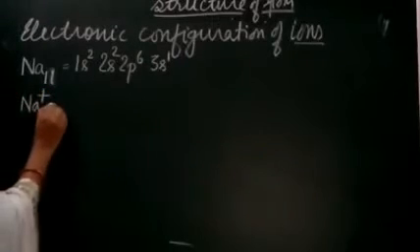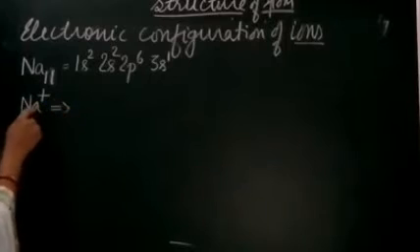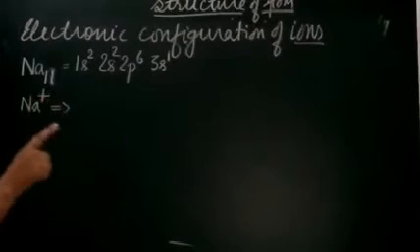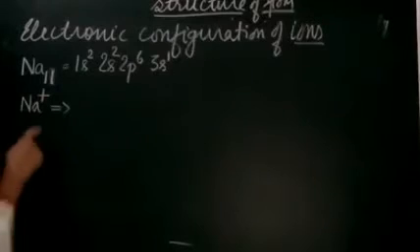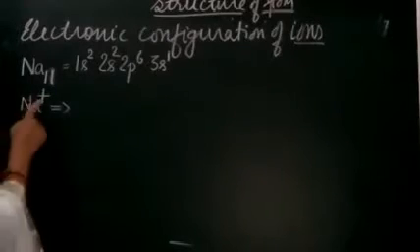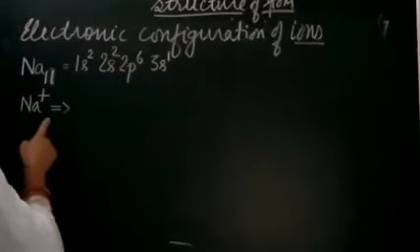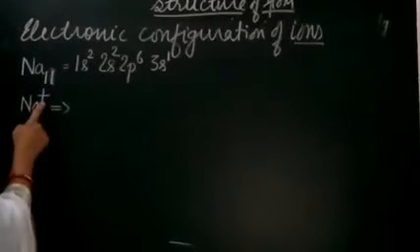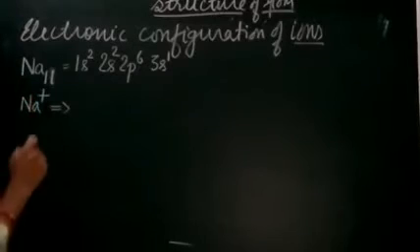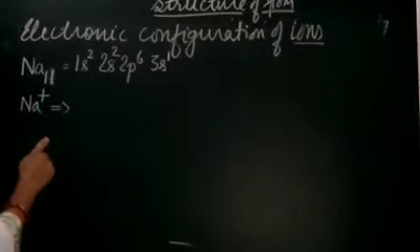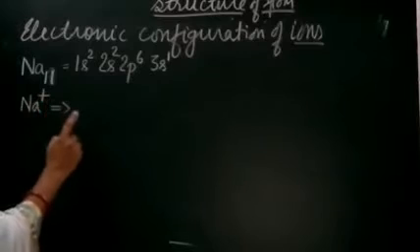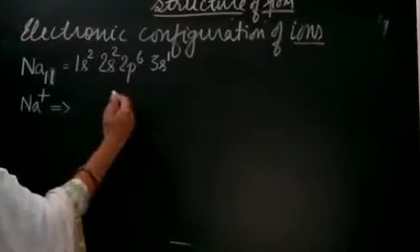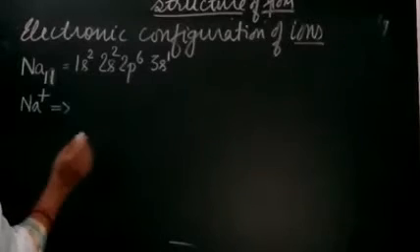Now if we have to write the configuration of the sodium ion, students, here you can see that the sodium ion has a plus charge. That means it has lost an electron, and it has lost one electron, so it has a charge of unit magnitude, plus 1. So we have to write the electronic configuration by removing one electron from the outermost shell.